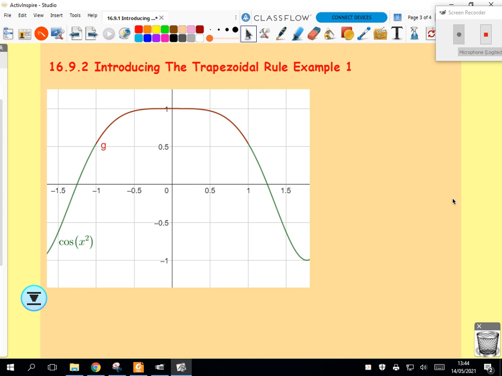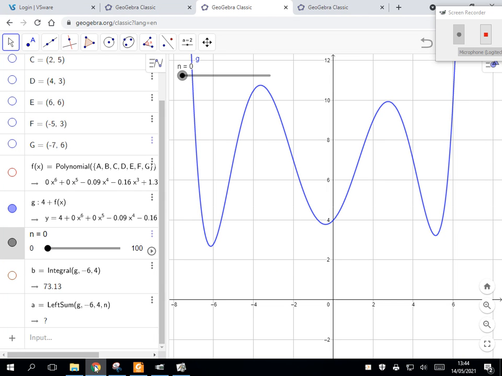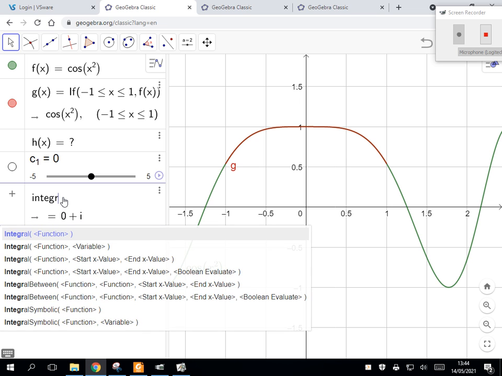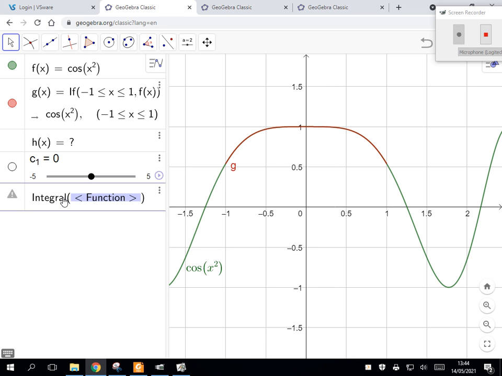Okay, so I want to look at estimating the area under the curve cosine of x squared. Now, cosine of x squared is an interesting function because if I try to integrate it, even using my computer software here, integral of the function, I'm going to put in cosine of x squared, and hit enter.